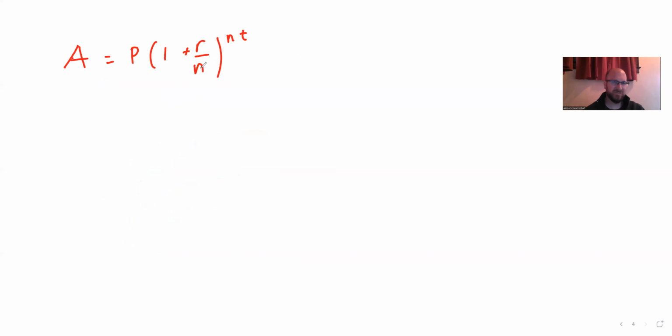So if that's quarterly, that's 4 times a year. To the, again, nt. Okay, this is an important formula. You probably want to make sure you get that to your notes. Or if we're doing it continuously, we use the special number e. Again, initial amount or principal for p, e to the rt. Okay.